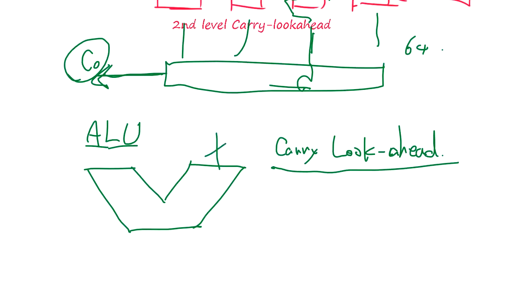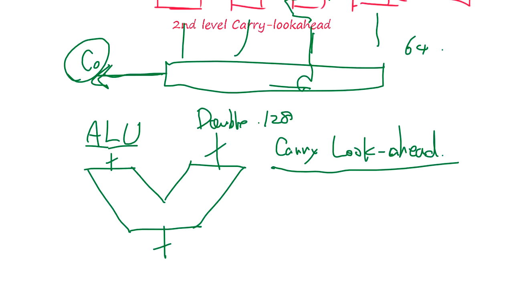So when you have a large number of bits, for example, double precision, where you have to add 128 bits, then carry-lookahead becomes very helpful.